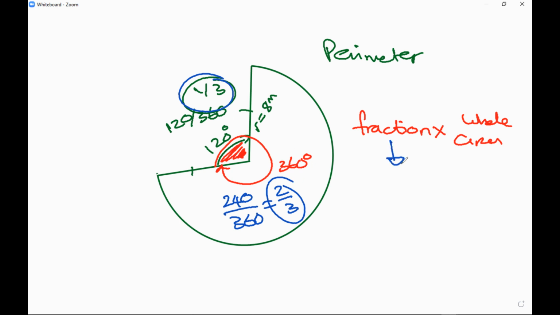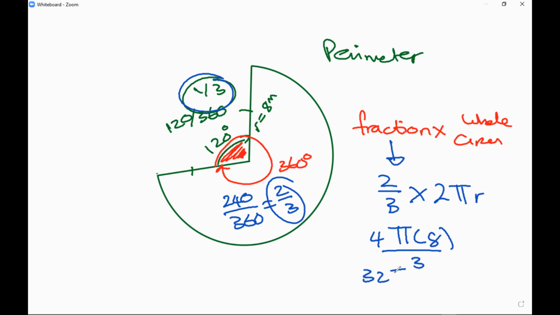So this fraction here is 2/3 of the entire circle. If this entire circle was there, what's the formula for circumference? 2 pi r. Okay, this is going to be 4 pi r over 3. What's my r? 8. So that becomes 32 pi over 3.